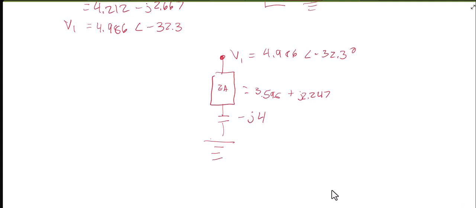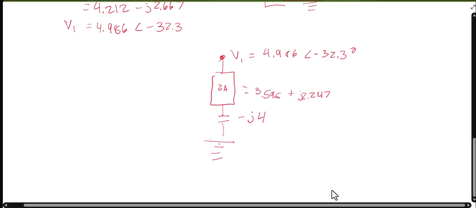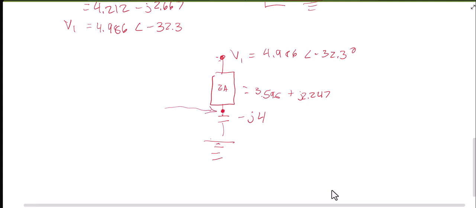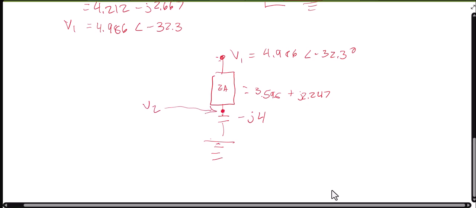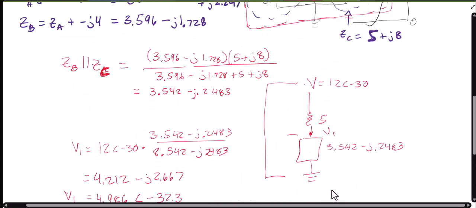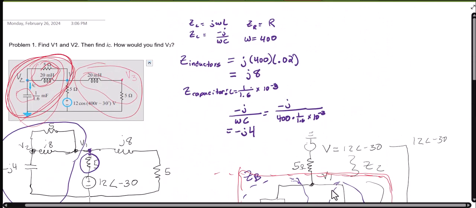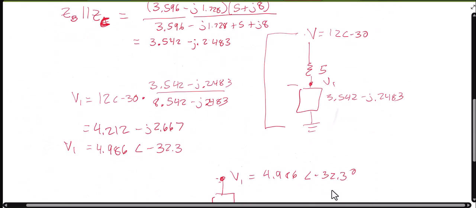Okay, so to do voltage division, what you need to have is the total change in voltage from one point to another. I've got that. And I need to know the impedances on either side of the point where I'm looking. And I'm looking at V2, which is right there, which in my original circuit is right here. So this is my ground. This is the point that I know. This top part is ZA. The bottom part is that capacitor.